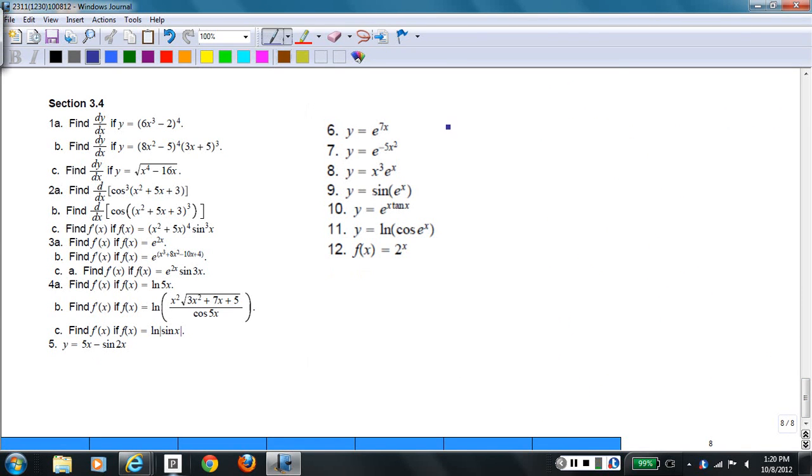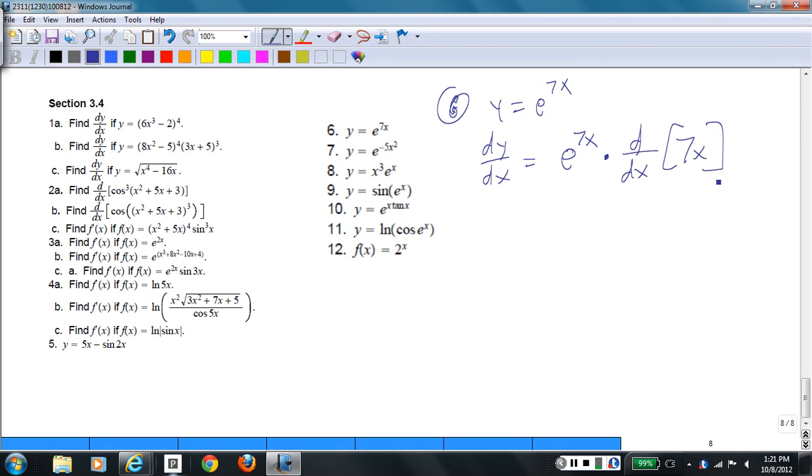Problem 6: if y equals e to the 7x, then dy/dx equals, this is chain rule, the e to the x function composed with the 7x function. The derivative of e to a power is e to that power times the derivative of that power.